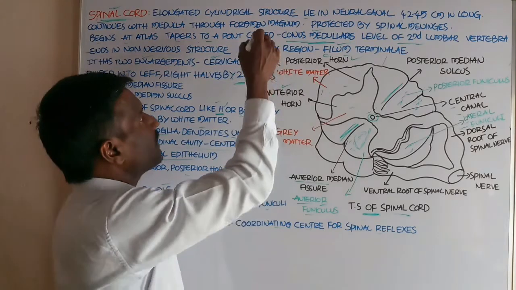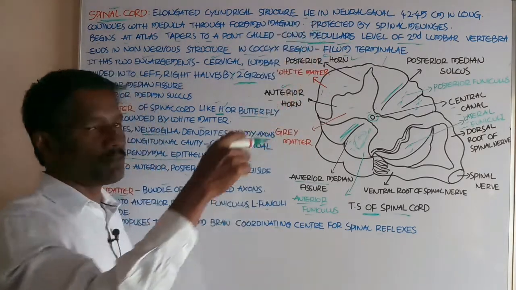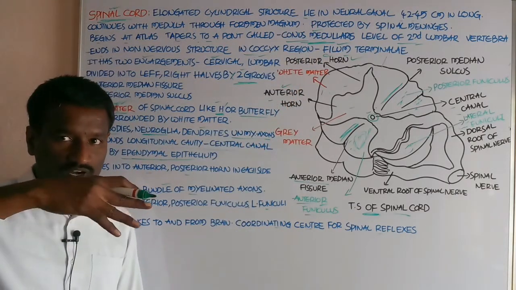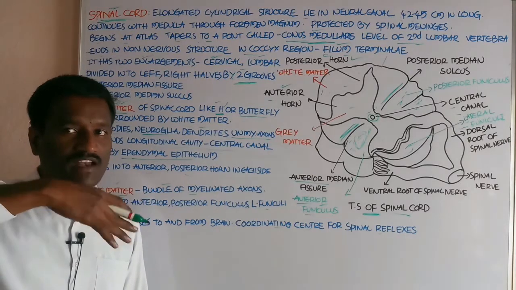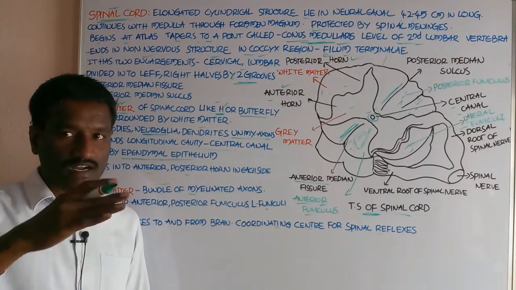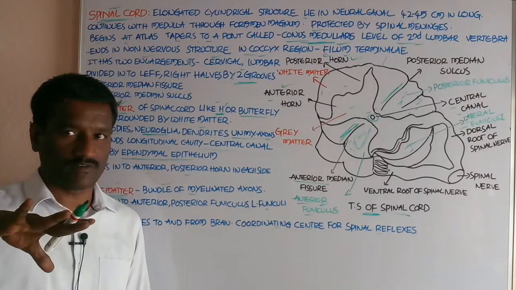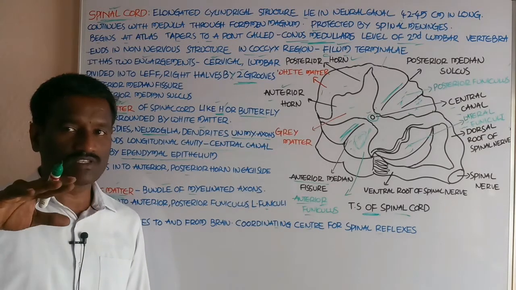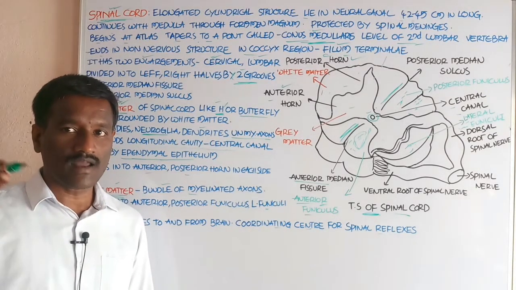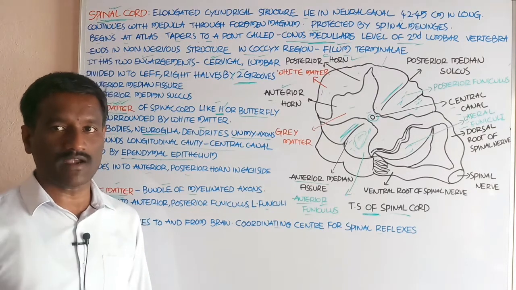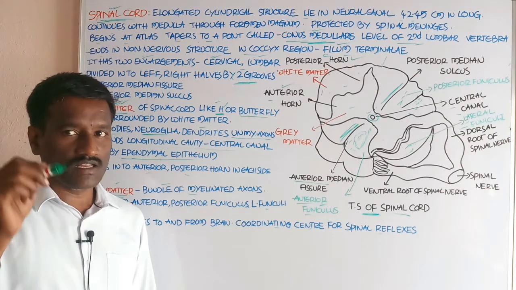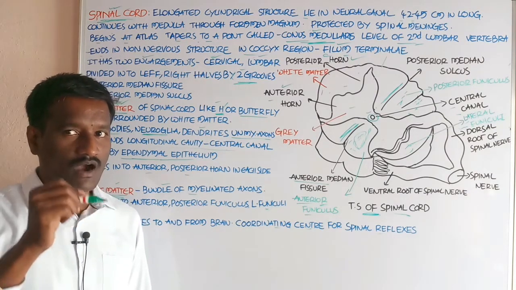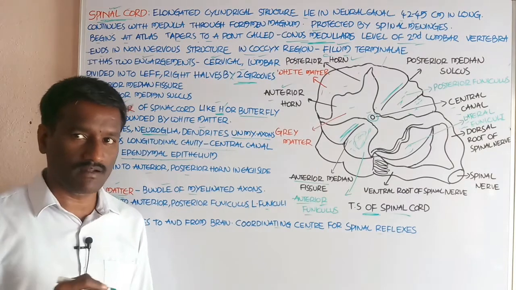It is protected by the spinal meninges. These are connective tissue membranes, called dura mater, arachnoid mater, and pia mater. These meninges protect the outer surface of the spinal cord.